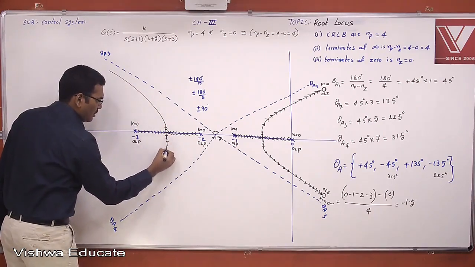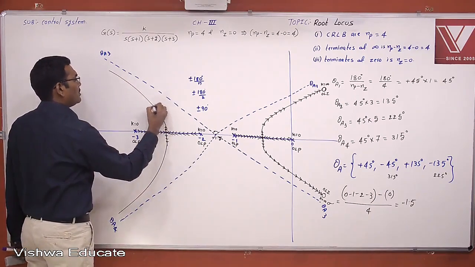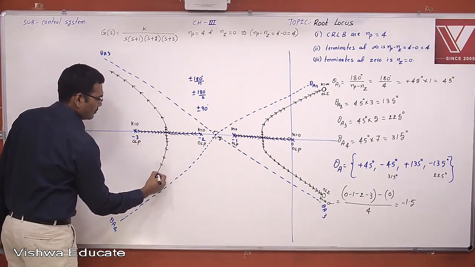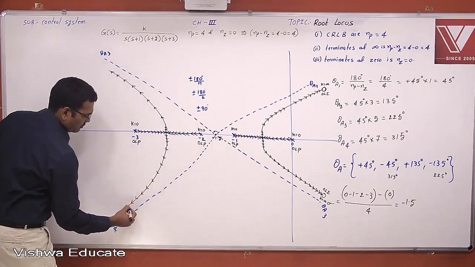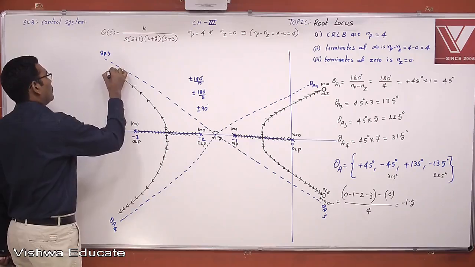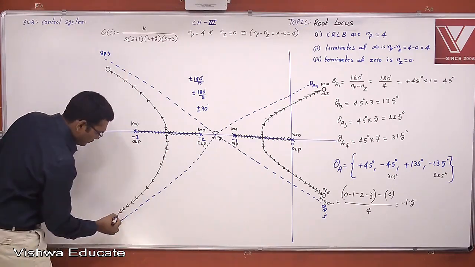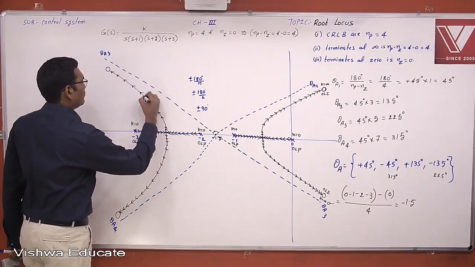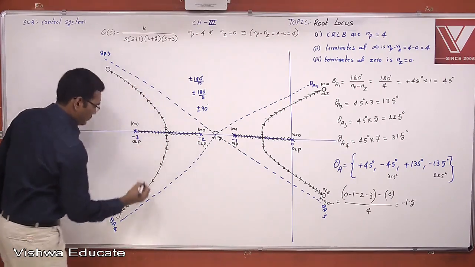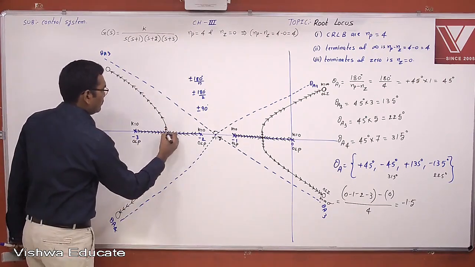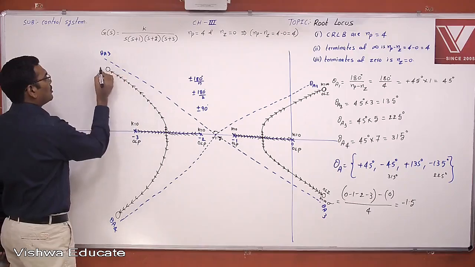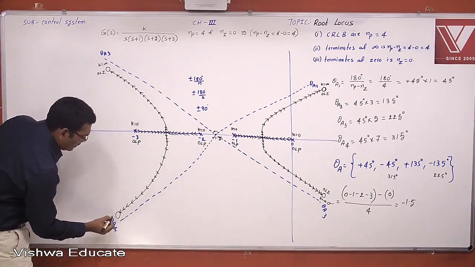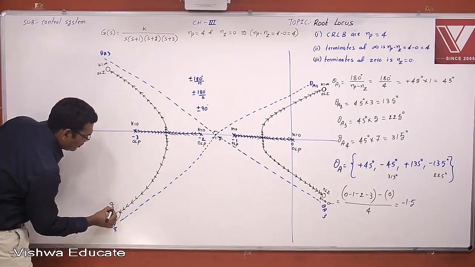In this direction the closed loop poles are moving, and the root locus branch terminates at k equal to infinity, terminating at the open loop zeros.